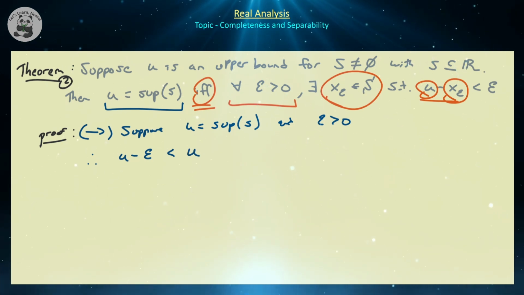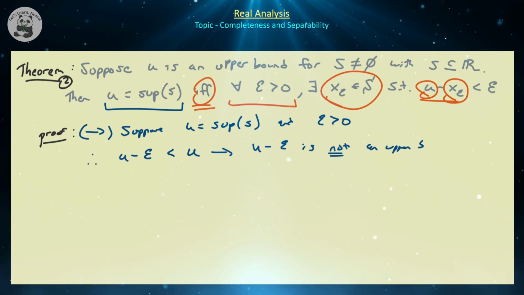So since U is the least upper bound, that means that U minus epsilon is not an upper bound for this particular set S, right?